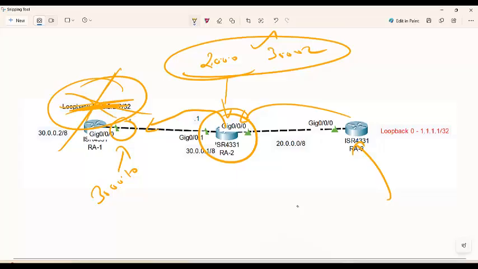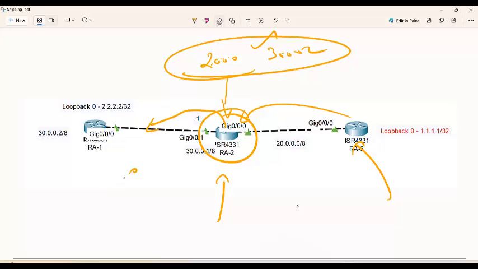When it is gone, this router needs to be manually modified. That will take really long time. By the time, a lot of packets may be coming up to here and getting dropped because this is no more available.